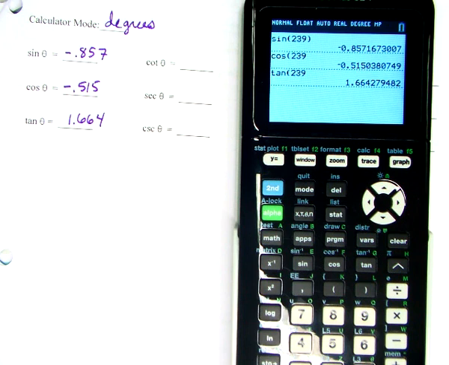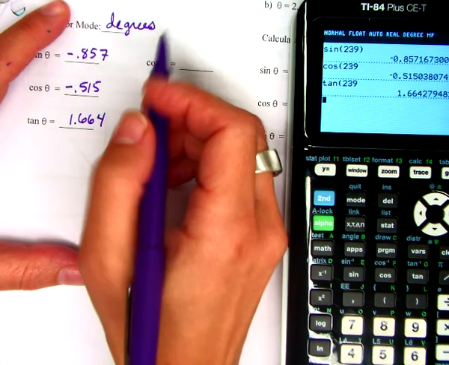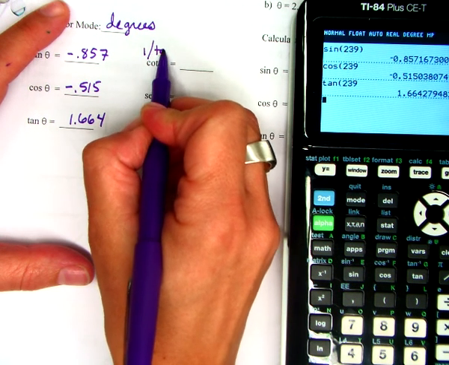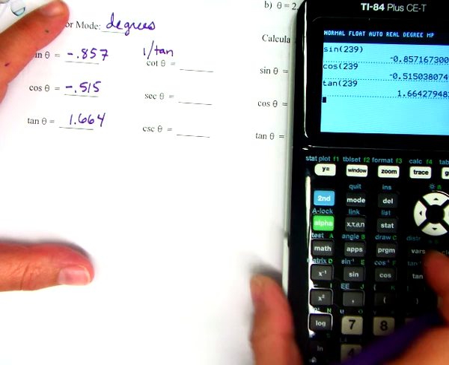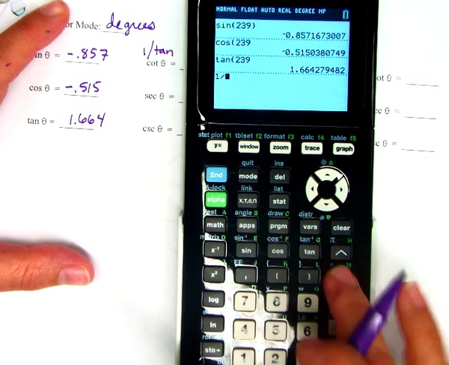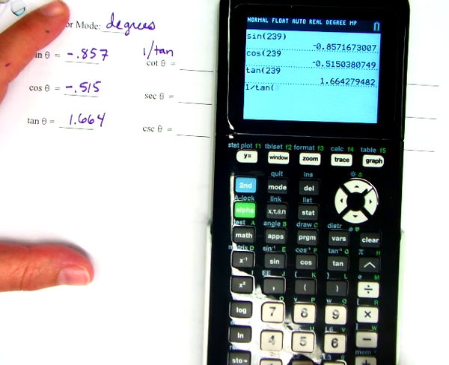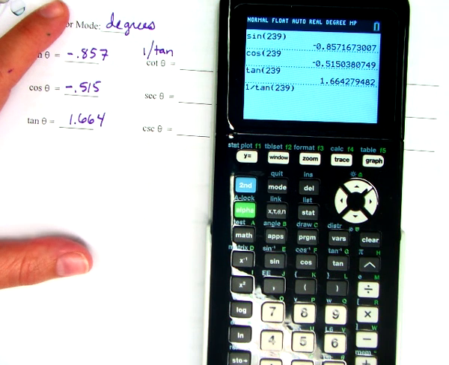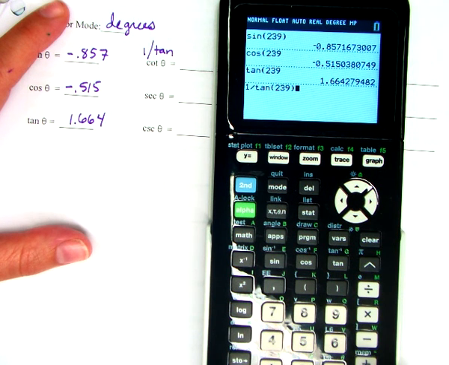That's different from the reciprocal function of cotangent. So in order to do the reciprocal, you literally type in your calculator 1 over the tangent. So you're going to type in 1 divided by tangent of 239. Does that make sense?